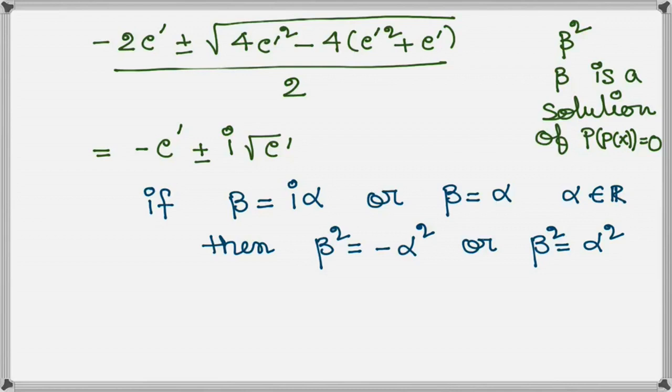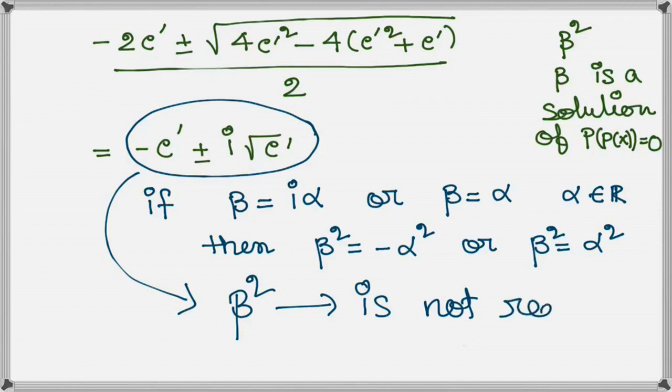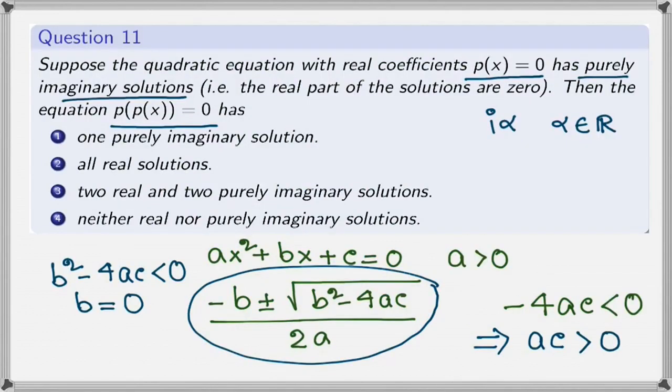But we have already got here that beta square is not real. So therefore, the fourth option, which says neither real nor purely imaginary solutions, is correct. And immediately looking at all other options, we can say that the rest 3 options are not correct.